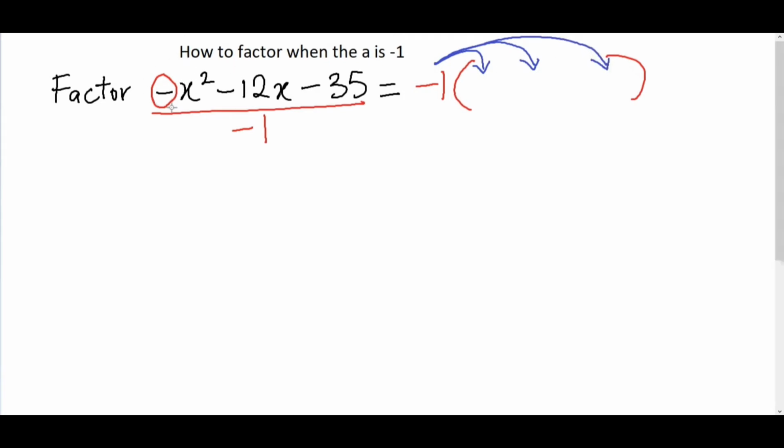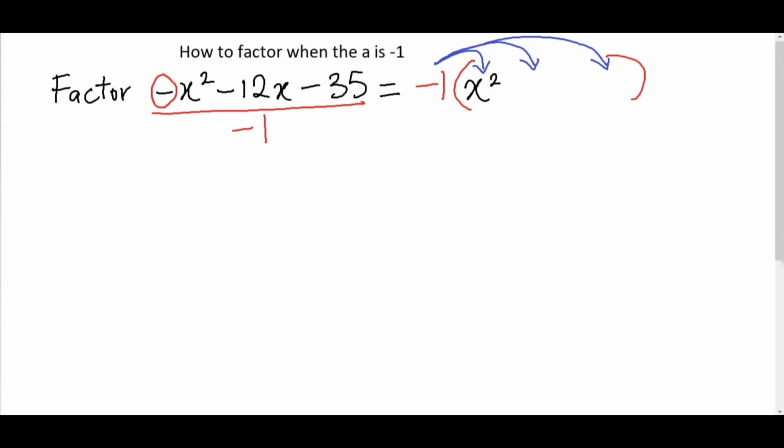If we divide negative x squared by -1, notice how the negatives disappear and we just have a positive x squared, which is the goal here. So we've accomplished the goal right now. We've gotten rid of that negative that was attached to the x squared.